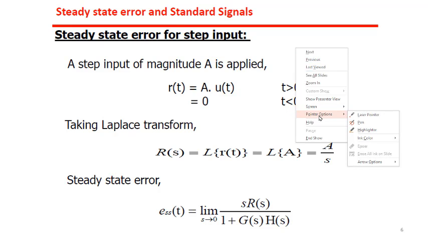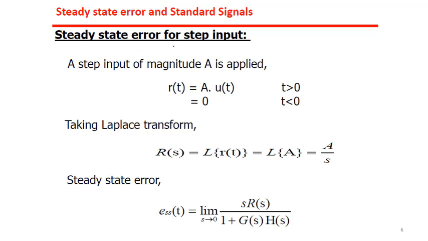Here we are going to first study the steady state error for a step input. As we know, a step input has a magnitude of A or R applied for all values of t greater than 0.